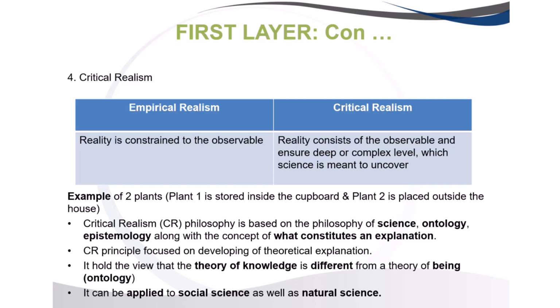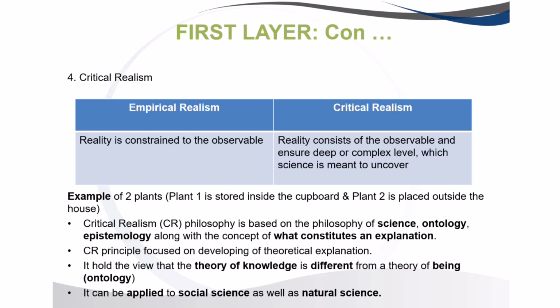But what I'm trying to say is that at the end of the day, we need to understand this philosophy. There is critical realism. The plant which we have stored inside the cupboard is not going to last because there are things missing, things which this plant does not get.